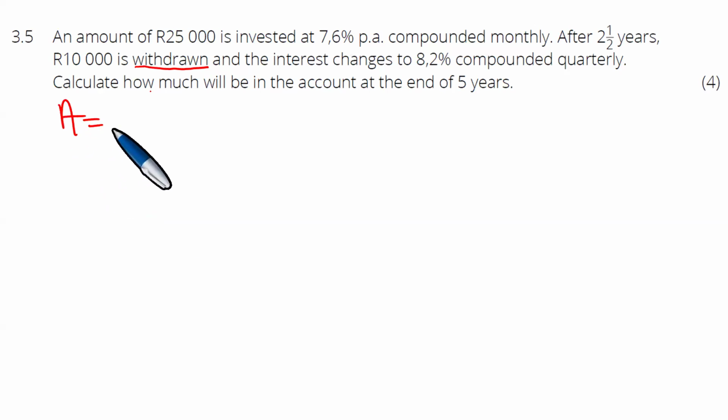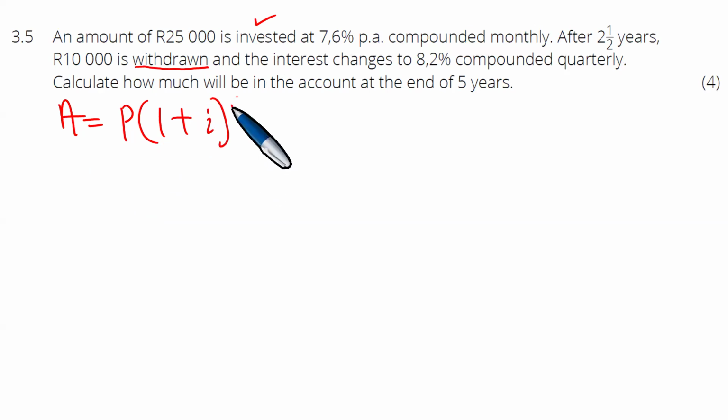You're going to use the formula here because this is an investment: A equals P times (1 plus i) to the power n. But you need to remember something about the investment, because there's money that is invested. This money that is invested is actually 25,000.